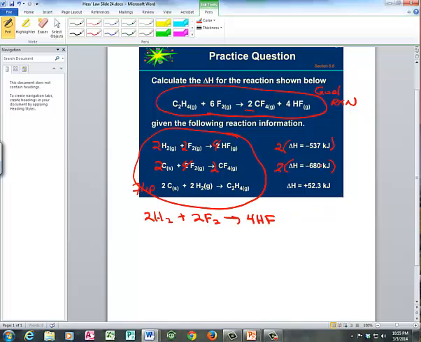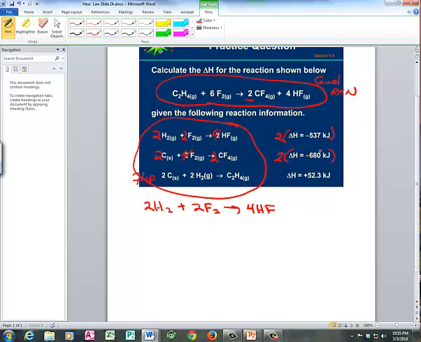And since I multiplied my minus 537 by 2, I need to go ahead and multiply the delta H by 2 as well. 2 times minus 537 gives me minus 1,074. So I now have a delta H equal to minus 1,074.